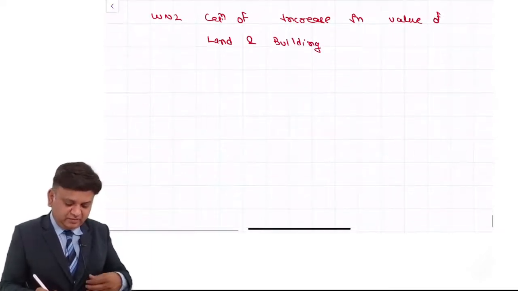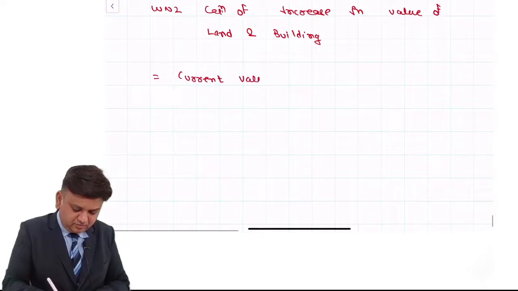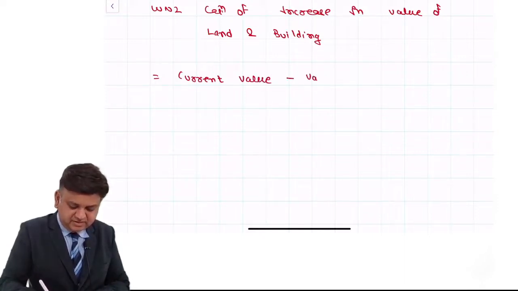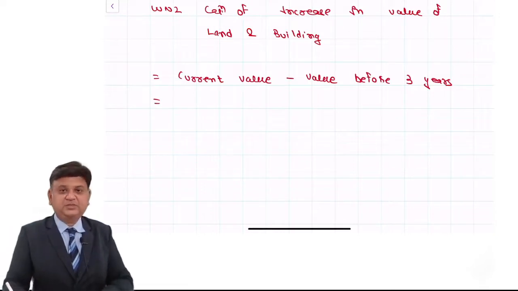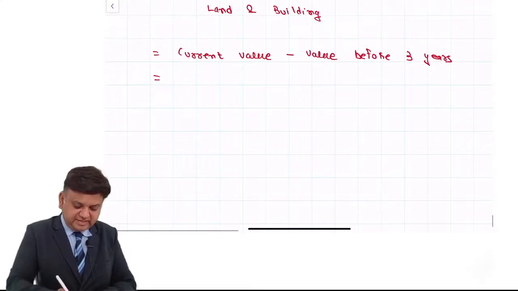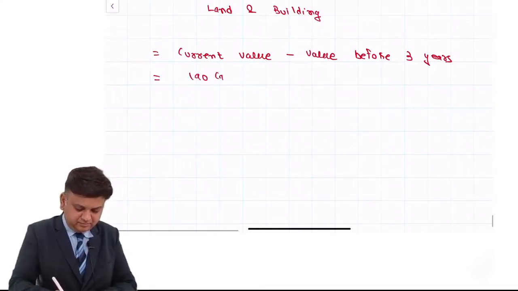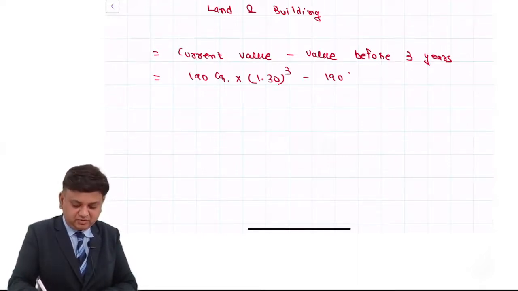In that we will have the answer like this: current value minus value before 3 years, because the question is providing that there is an increase at the rate of 30% per year for 3 years. So it is an amount of 190 crore into 1.30 raised to 3 minus 190 crore.